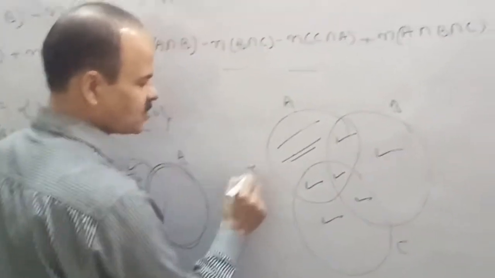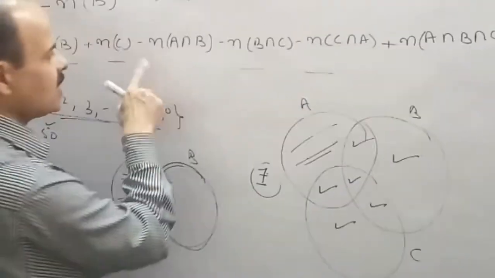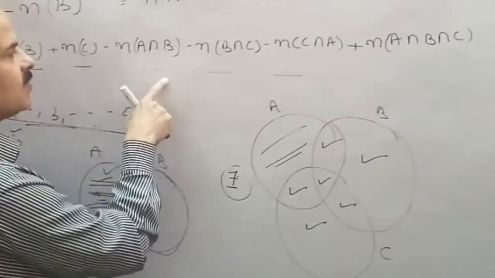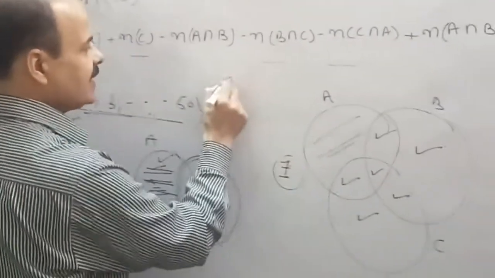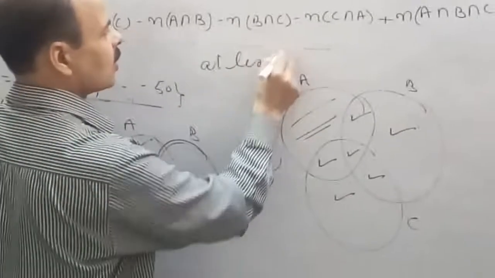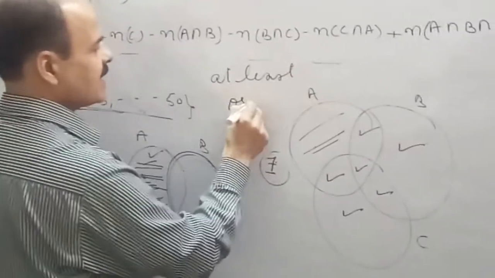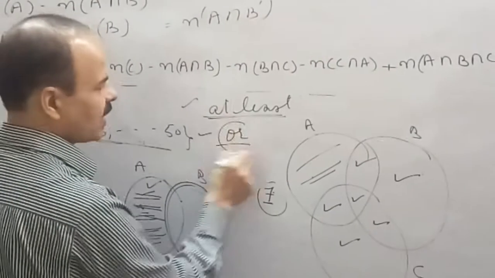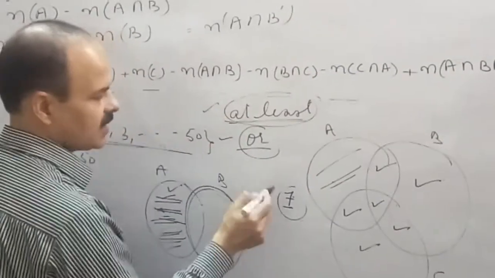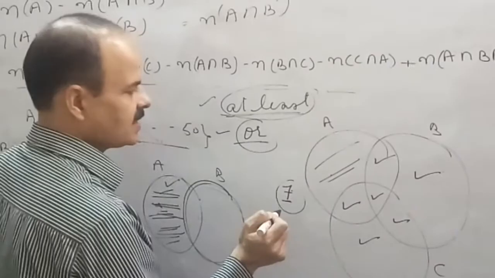Total 7 parts will be counted when we calculate A union B union C. And A union B union C is calculated when "at least" or "or" is written. If either of these two words is written there, then we calculate A union B union C.